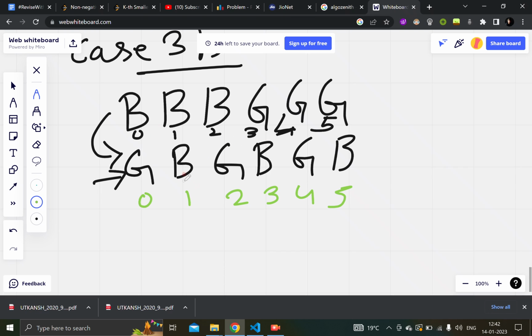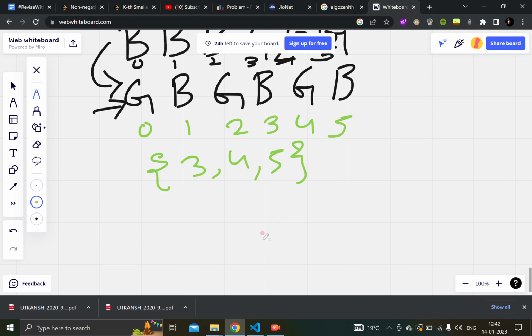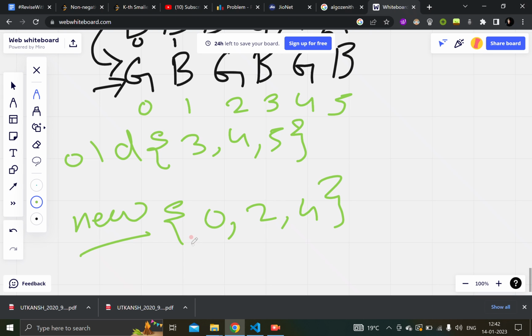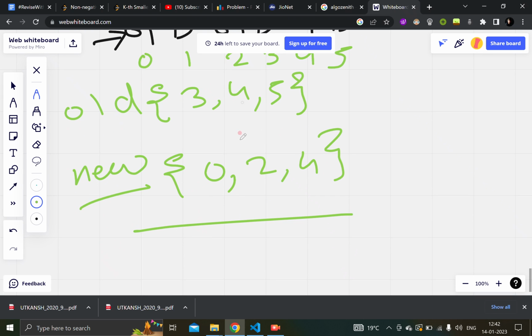We can store the indices we calculated earlier for the boys, and it is the same case, but we have to put the girls in the first indices. So we will store the indices of girls here, right? The old indices of girls were 3, 4 and 5, right? And the new indices are 0, 2 and 4, and we have to just take the difference.